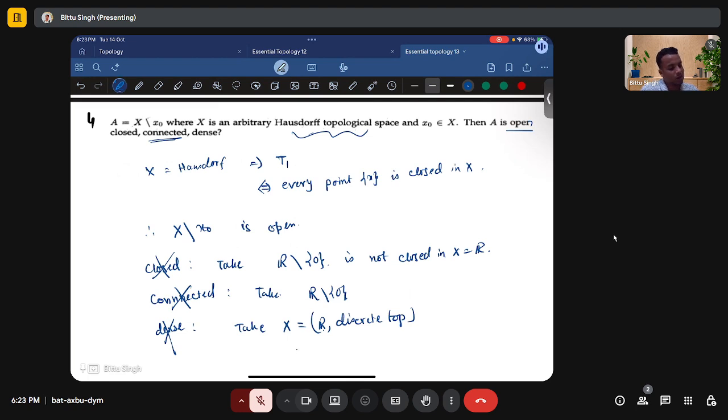Then every set is closed, and A equal to R minus 0, then the closure of A equals A itself, because everything is closed and open in a discrete topological space. Therefore, A is not dense in X.